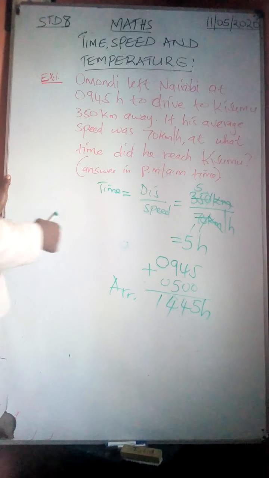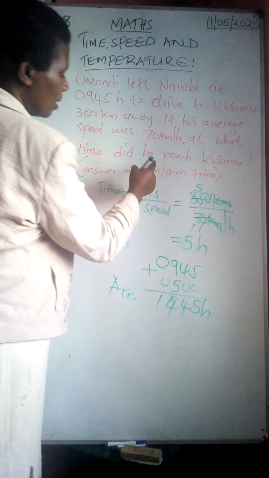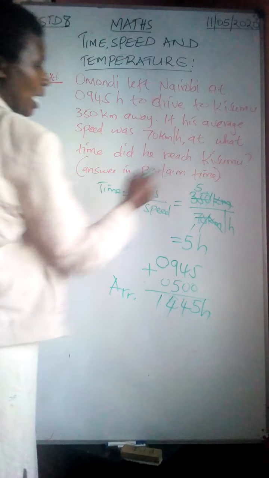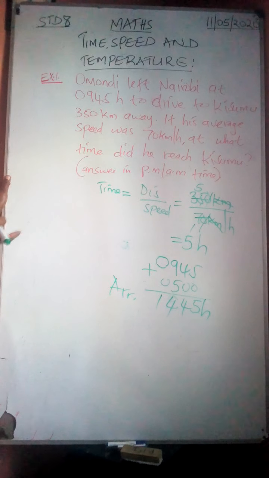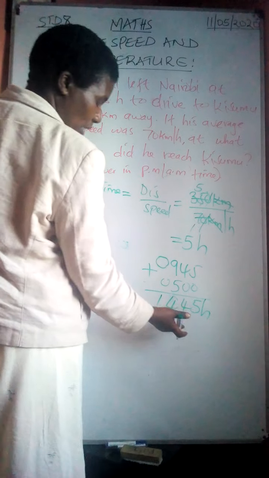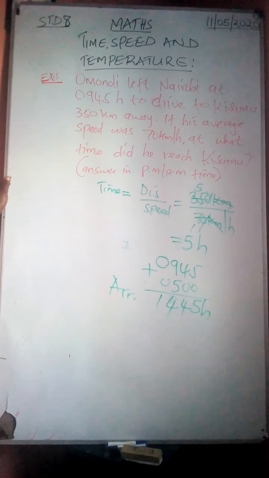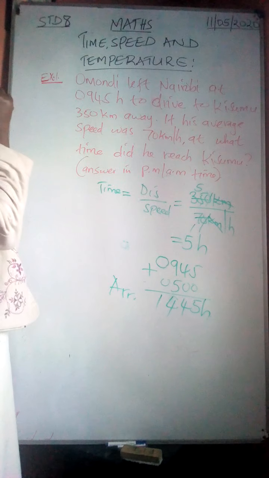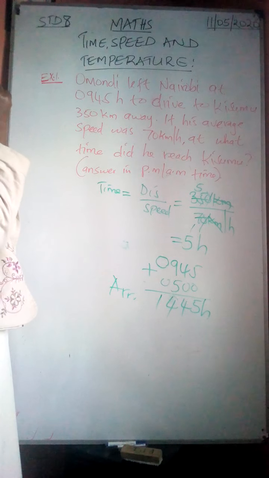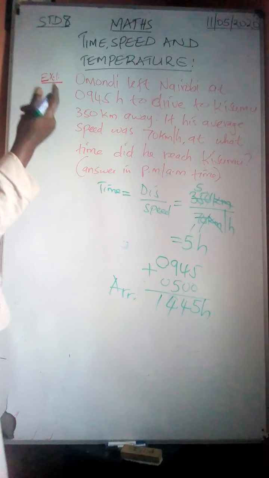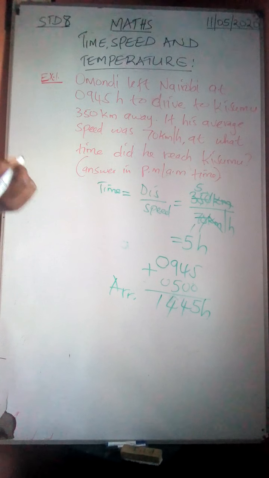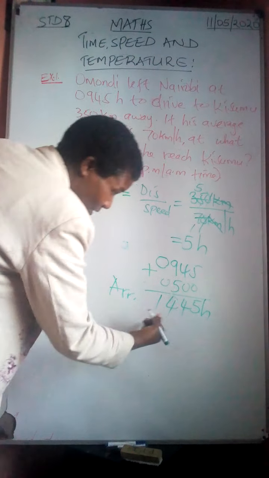We are asked to answer in the AM, PM clock system. So we have to convert these 14:45 hours. 14:45 hours is after noon or after midday. So we have to take away 12 hours from here.